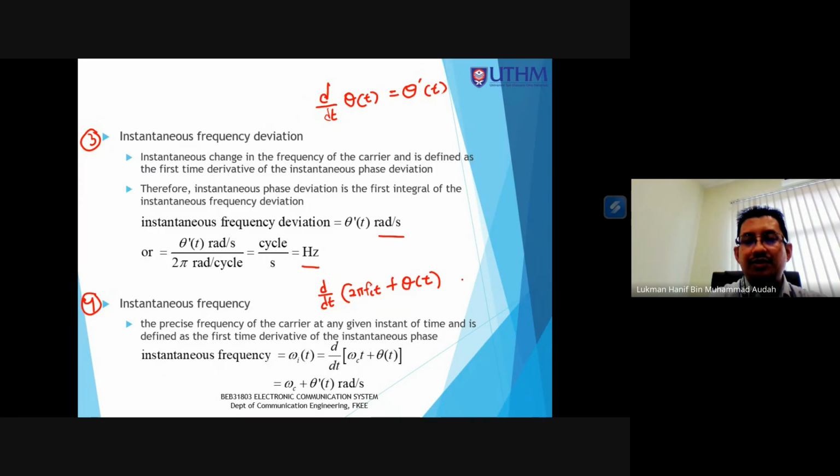What you will produce is actually 2 pi fc plus theta prime(t). So the unit is radian per second.